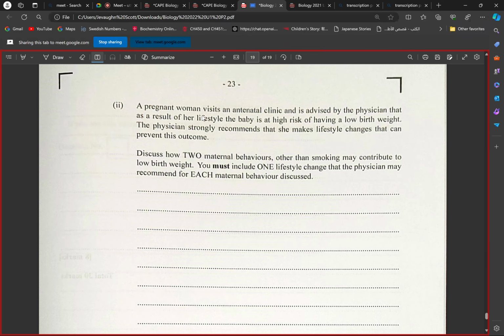All right. Illegal drugs such as methamphetamines and amphetamines, which increase the risk of low birth weight and premature birth. Okay, methamphetamines and stuff like that.